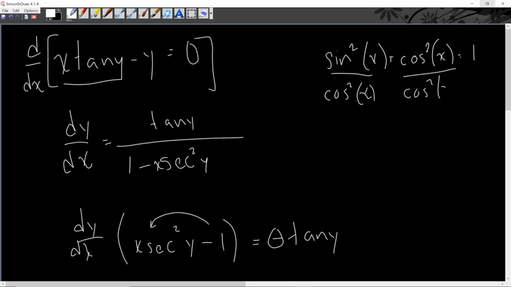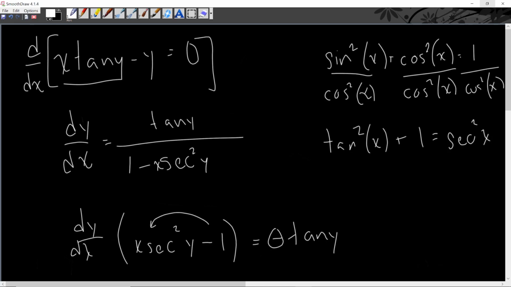Cosine squared x, cosine squared x. And then sine over cosine is tangent, so tangent squared x plus cosine over cosine, 1, equals 1 over cosine, so secant squared. And this is how I tend to remember these.